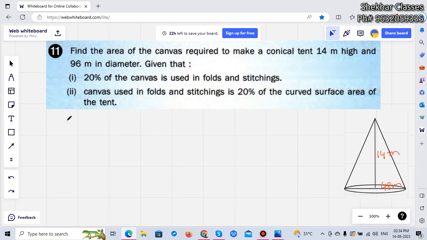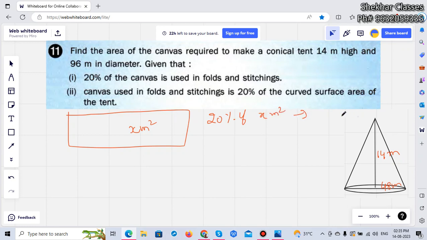You bought, for example, this much area of canvas to make this tent. How much? We do not know, say X meter square you bought. Out of that, 20% of this X meter square went into folds and stitching.